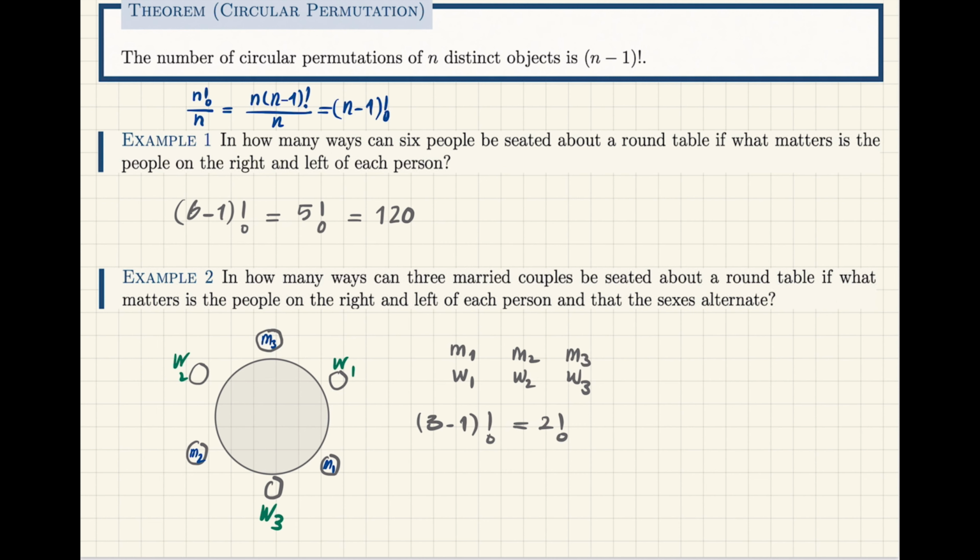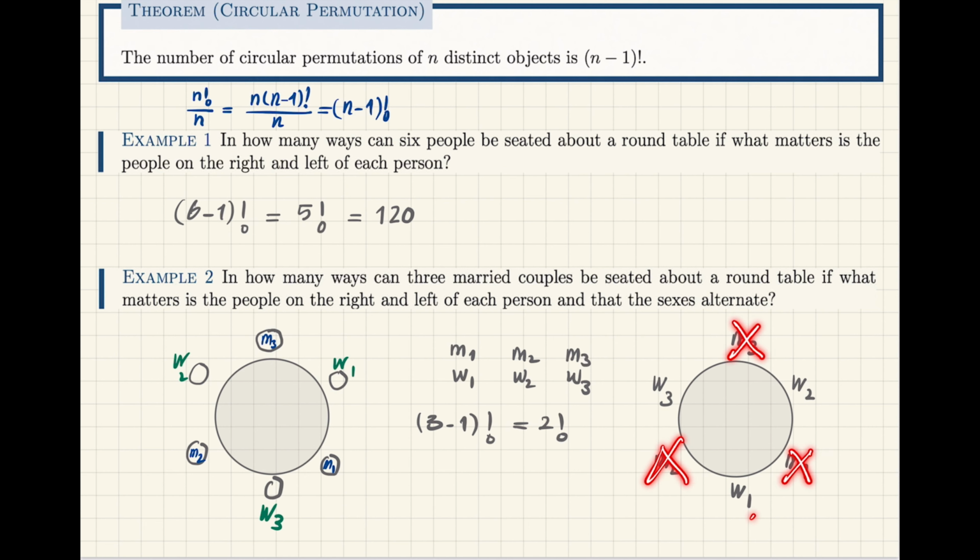Let me draw another diagram for you. Let me keep man 3 here, man 2 here, man 1 here, and then instead of W1, let me write W1 here, W3 here, and W2 here. You see what is happening? Don't look at the position of men.